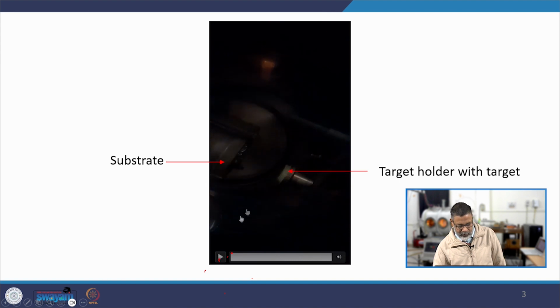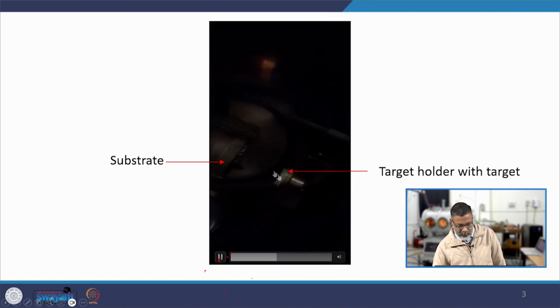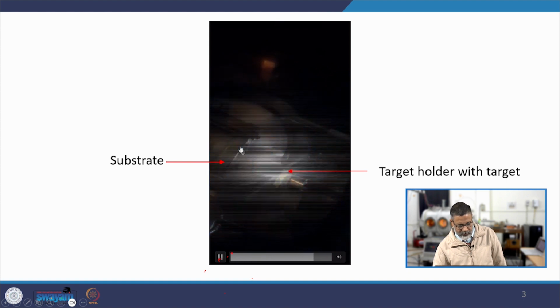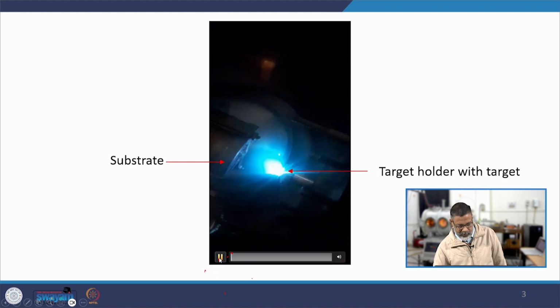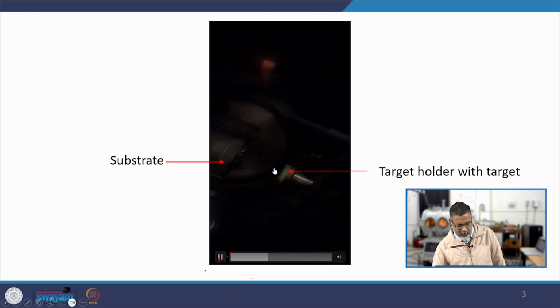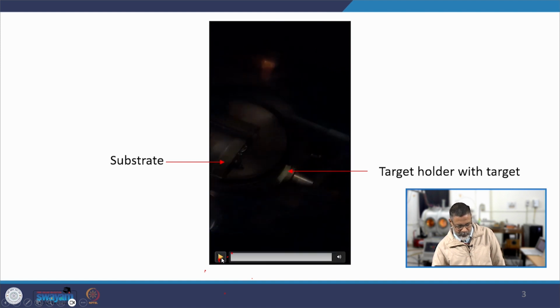This plasma is ejected from the target material with a very high velocity, and this is the substrate where we generally deposit the thin films. Materials will be ejected at a very high velocity from the target and then deposit on the substrate, and this is your chamber.